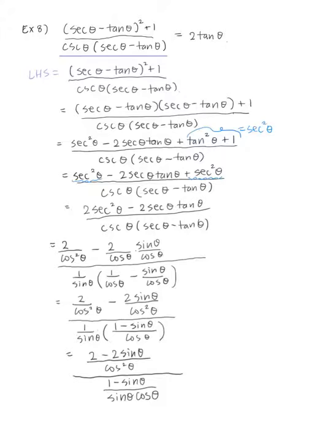See, it was 2 minus 2 sine theta over cosine squared, 1 minus sine over sine cosine. Yup, that's exactly what we wanted. Now that I completely forgot what I just wrote, let me just go back.